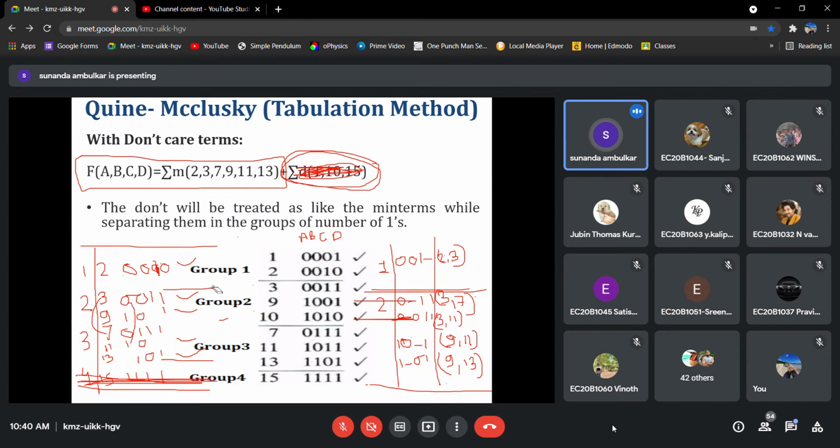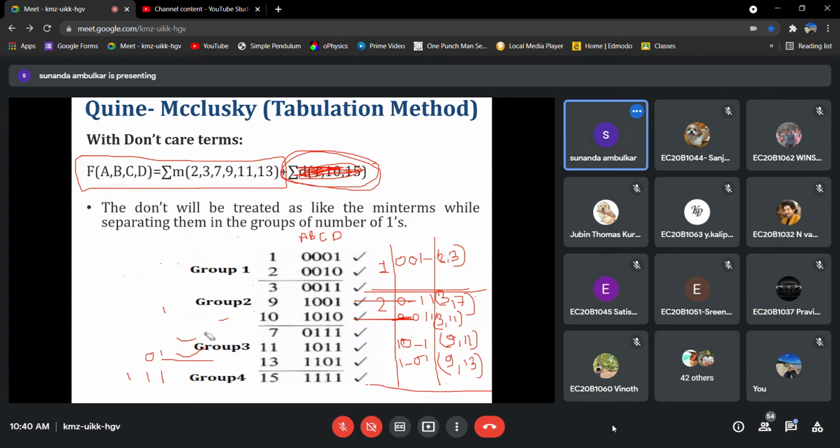Possibility is there. Okay, see. Tell me which term. 2 3 will be compared with 3 7. Is it possible? Possibility is there, because only one group will be formed here, no? Group 1.